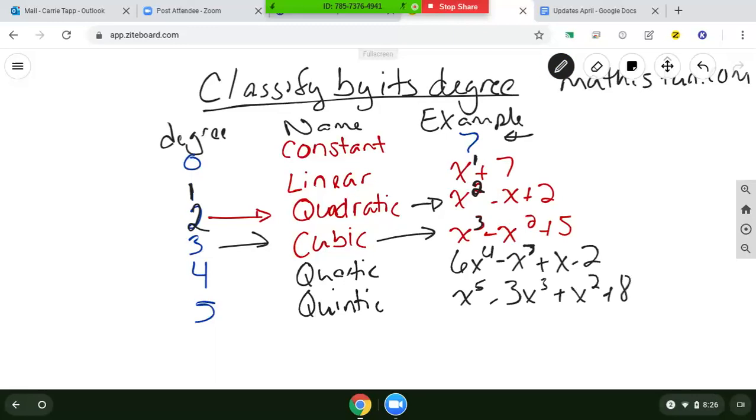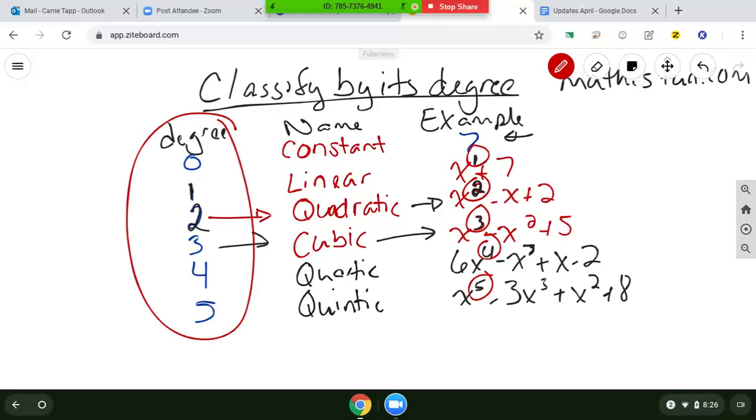Now you don't have to have the number of terms. The last one is degree 5, but you don't have to have 5 terms. You're looking at the highest degree that you have here. Okay, that's where these numbers come in here.